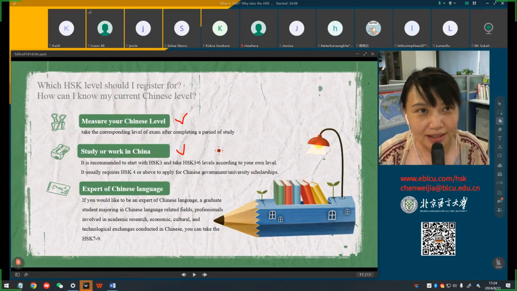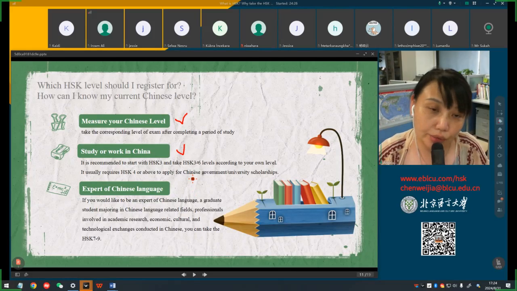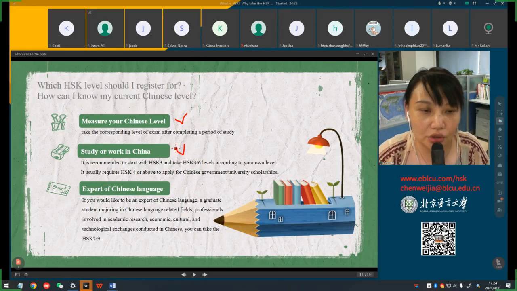So usually HSK 1 and 2 is not very useful when you apply for a scholarship or things like that. So if you're planning to study in a university, or even find a job in China, I suggest HSK 3 plus levels to take.